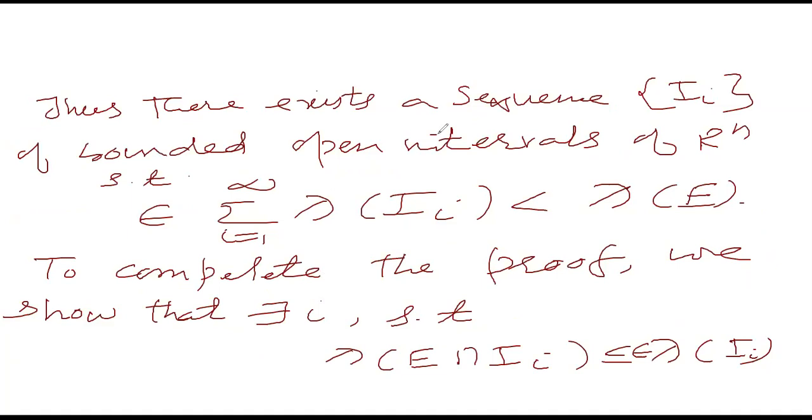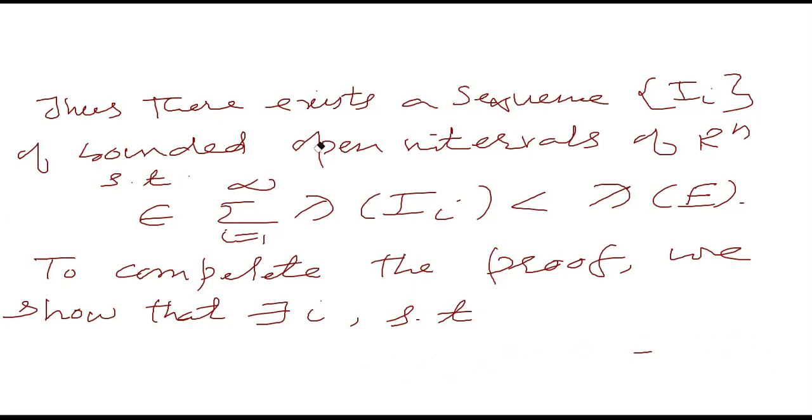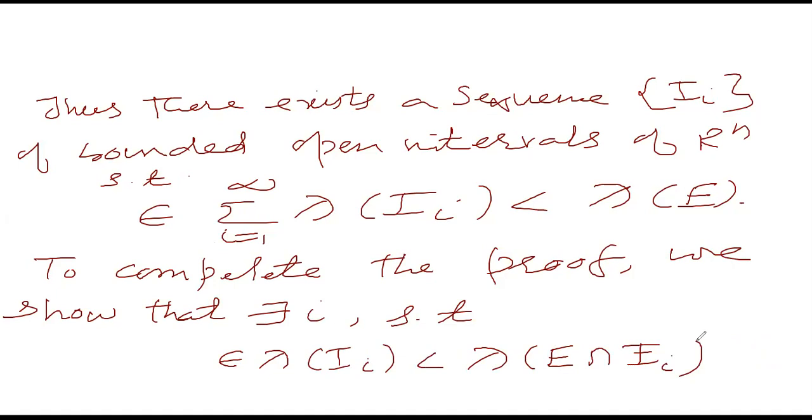That's what we need to prove: there exists some bounded open interval I of Rn such that epsilon times the Lebesgue measure of I is less than the Lebesgue measure of E intersection I. So we find that for a certain I this holds.